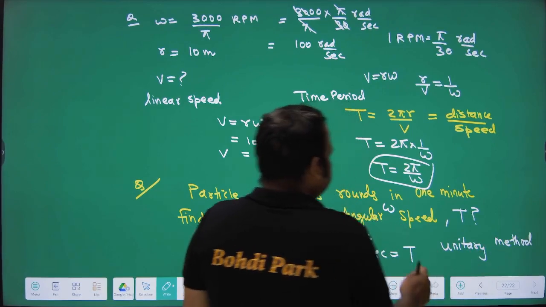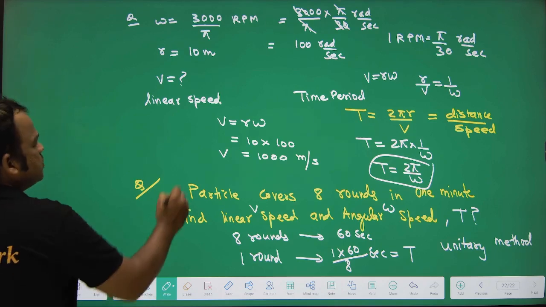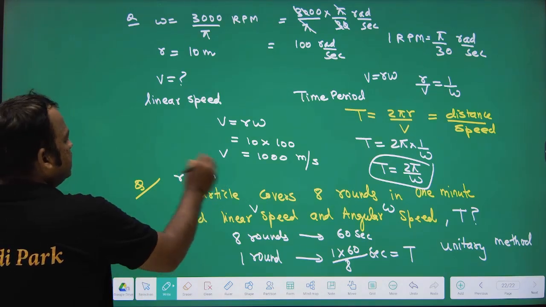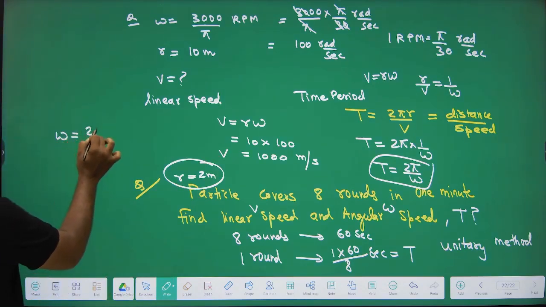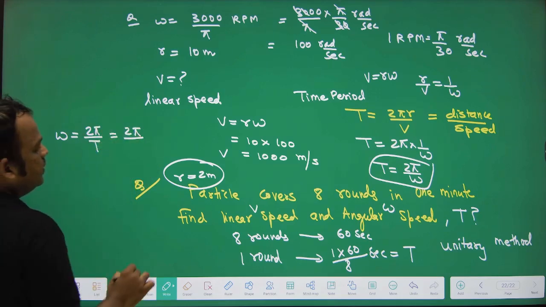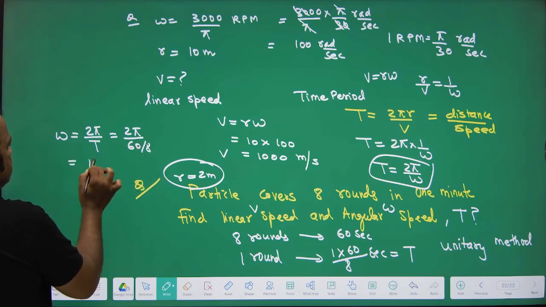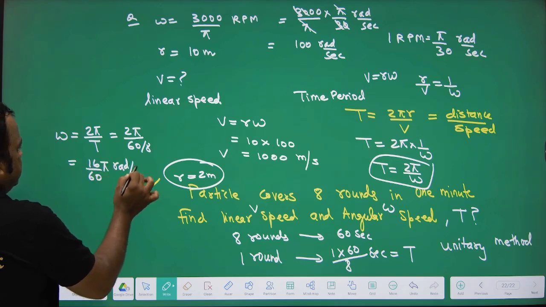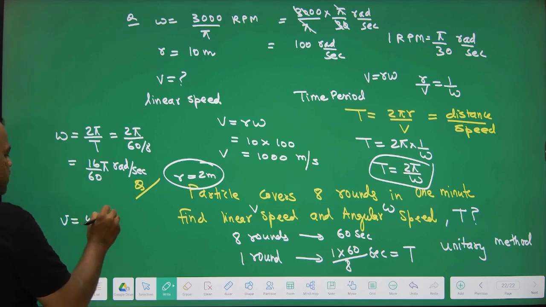Now once we have the time period, we can find angular speed, and suppose radius is given as 2 meter in the question. So we can find angular speed as 2 pi by T, which is 2 pi by 60 by 8, that is equal to 16 by 60 pi radian per second. Then v can be calculated using r omega.